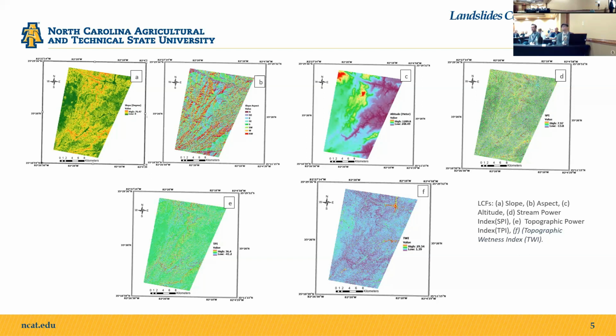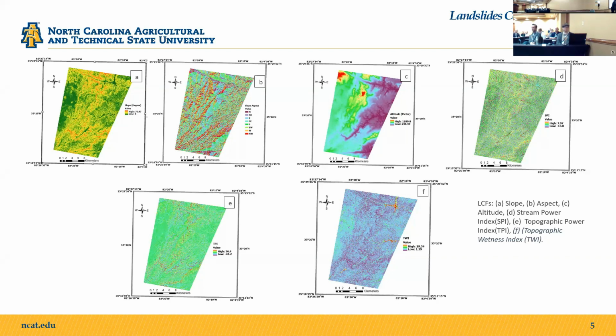So these are the factors. We make use of 14 landslide conditioning factors. The slope aspect shows the direction the slope is facing. Then the slope, the altitude, which I've explained, is just the elevation above sea level.